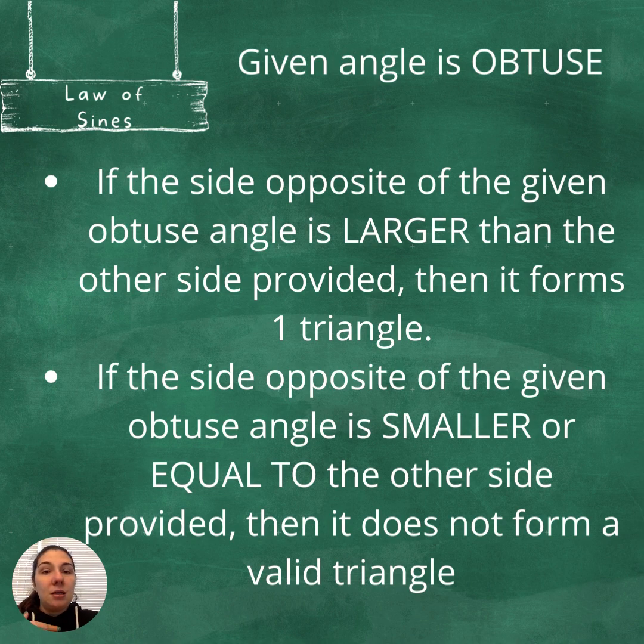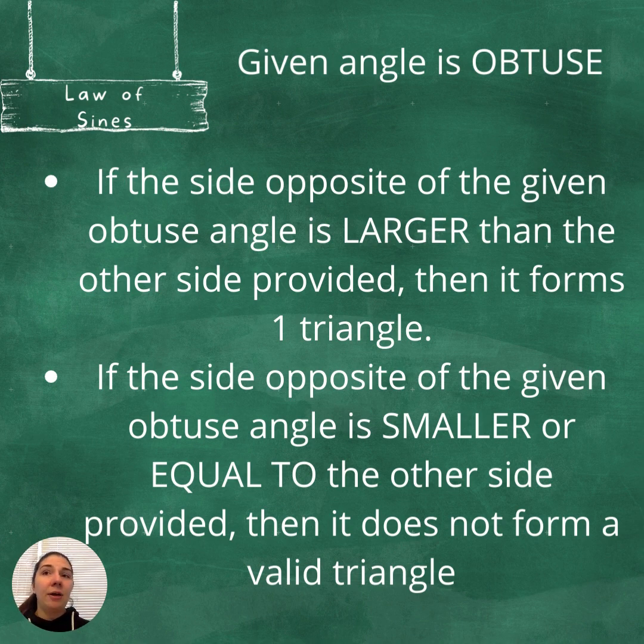So if you have a triangle that has an obtuse angle, and the side opposite of that obtuse angle is equal to the other side provided or smaller than the other side provided, then it does not form a triangle, which would mean that there's no answer to these problems. Because what would happen then is the triangle would have to be over 180 degrees, and that wouldn't work.